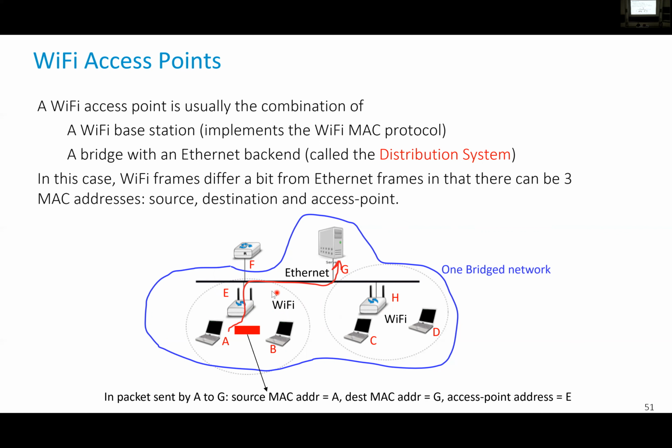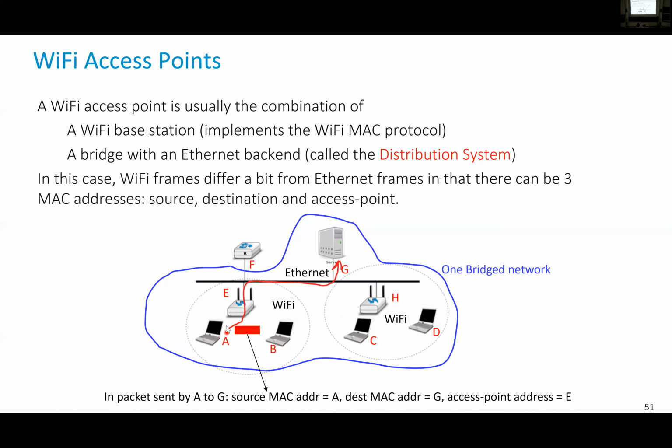And if you want to keep it simple, if the network is not too large, then you typically do it via bridging over Ethernet. So you can build one bridged network as long as you don't have more than a few hundreds of hosts running on Wi-Fi. That will work and is the simplest way. Even in this case already, the Wi-Fi frame has a small problem.